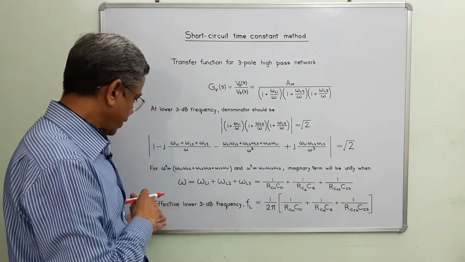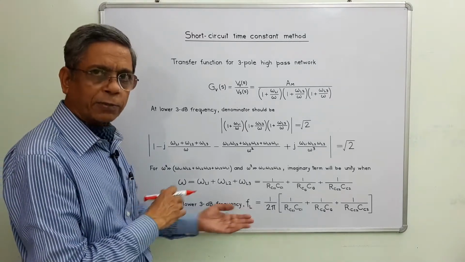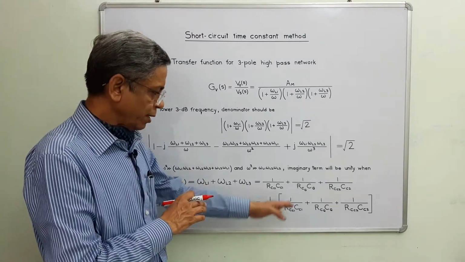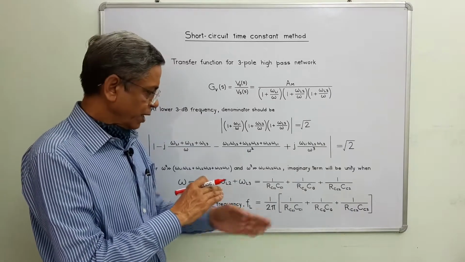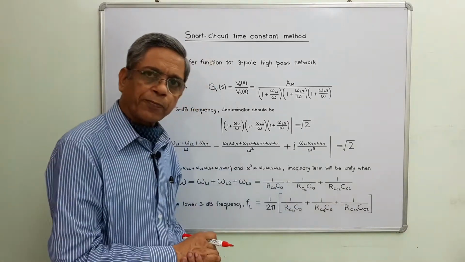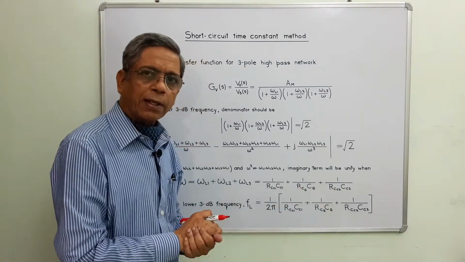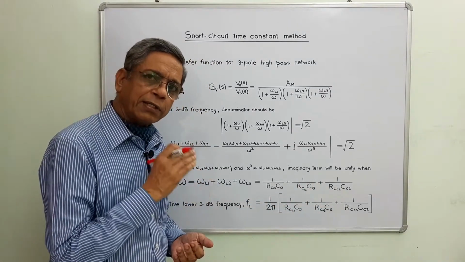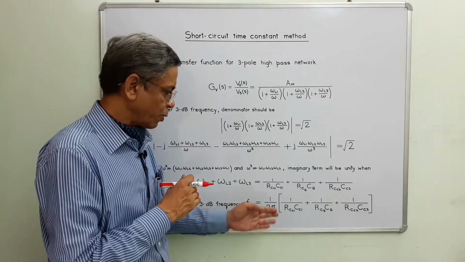So this is again effective lower 3 dB frequency FL in terms of Hertz, and it is 1 by 2 pi times the sum of reciprocal of time constants corresponding to CC1, CG and CC2. There are three capacitors, so three steps are involved in the determination of time constants.